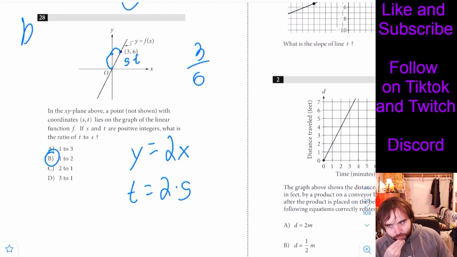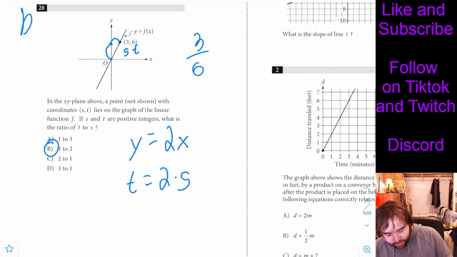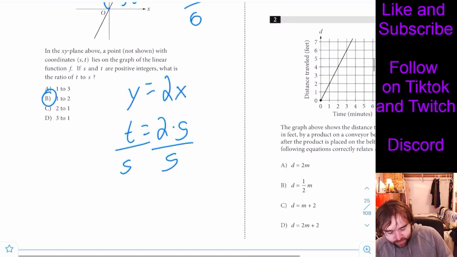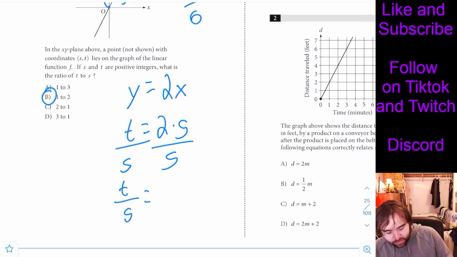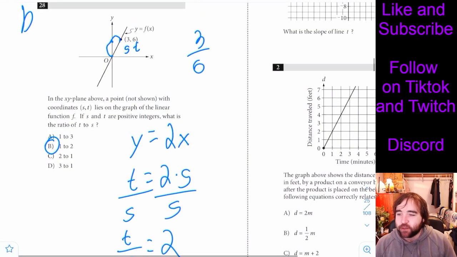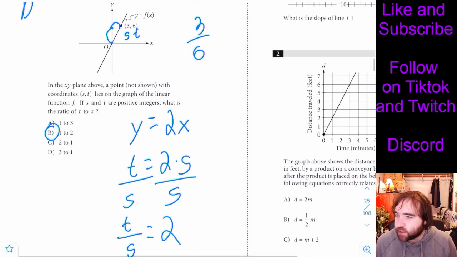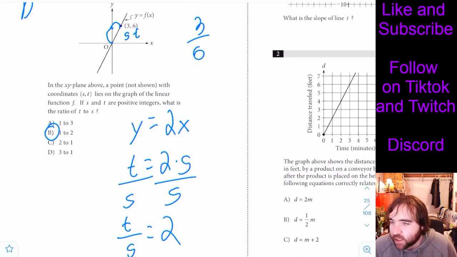Oh. Hang on. Ratio of t to s means you're going to be dividing both sides by s. I'm getting t over s equals 2. When I do it out, did I do it wrong the first time? S to t or t to s. Right, because they're asking about t to s.